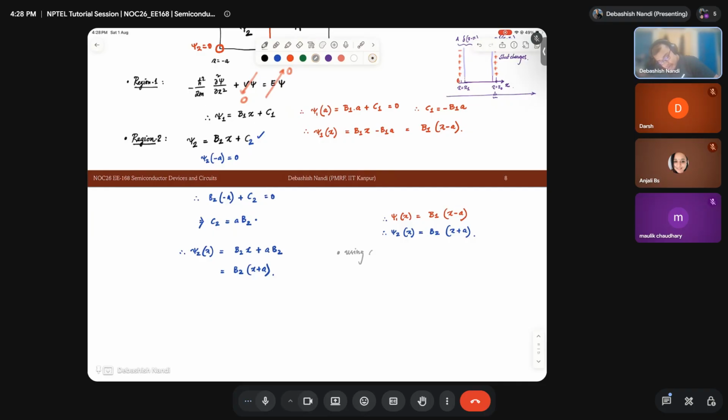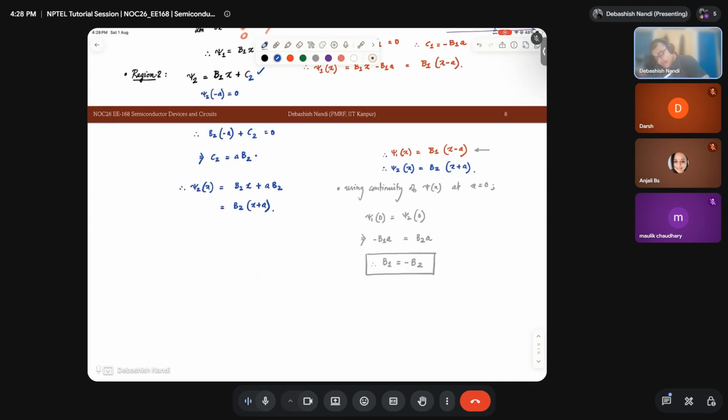So using continuity of psi of x at x equal to 0, we get psi 1 of 0 equal to psi 2 of 0, right? This gives me b1 times minus a equal to b2 a, right? So I get my b1 equal to minus b2.